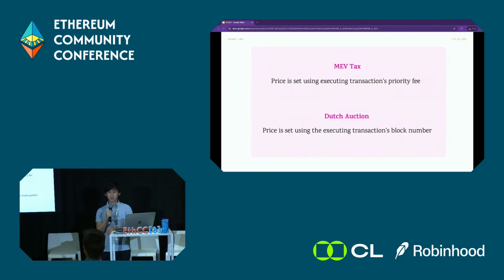And for Dutch auctions, we can set the token price based on it starting high and getting lower and lower over time until a filler jumps in to fill it before others. And in this one, the price is determined by the block number at the time of execution or the timestamp. It's even possible that we can run an auction that uses both a MEV tax and a Dutch auction, and this flexibility is what makes intent-based execution so powerful.